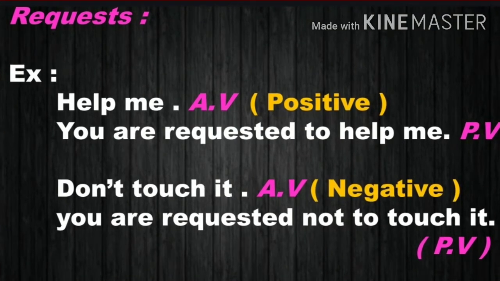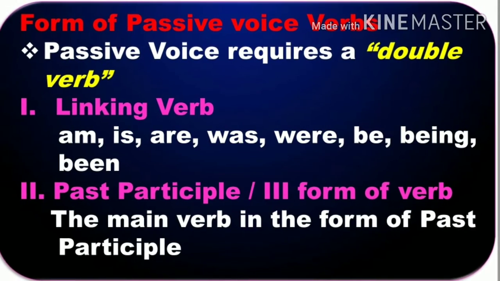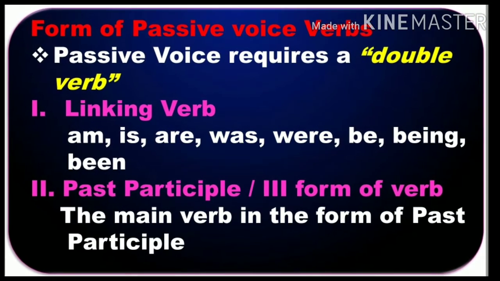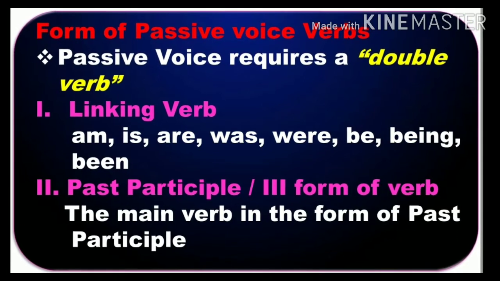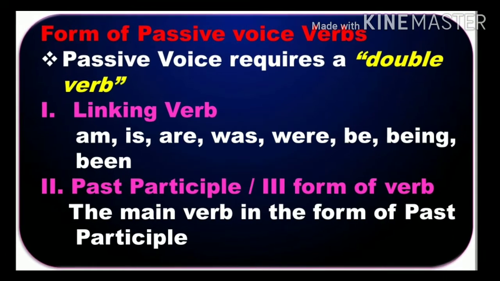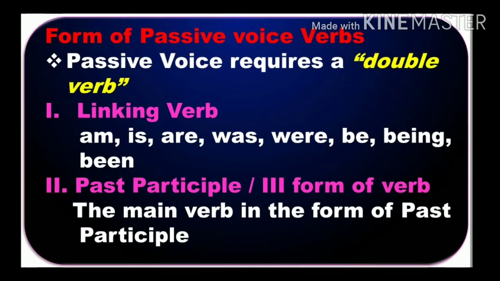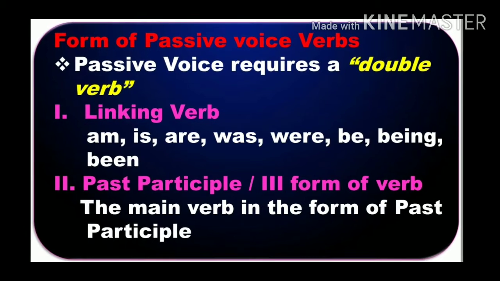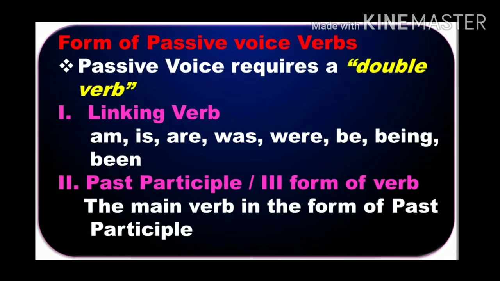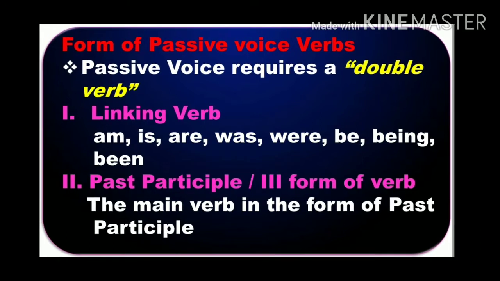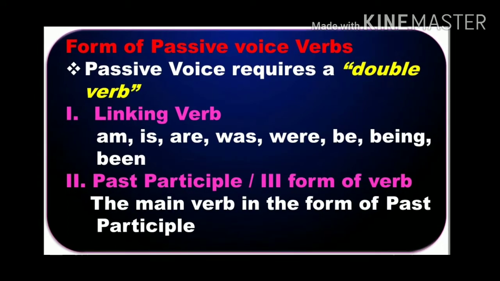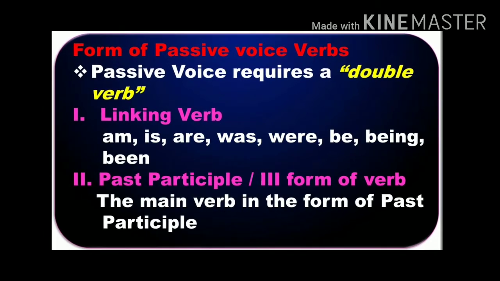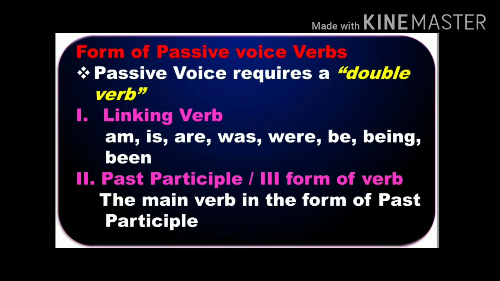Clear? Okay. Let's see the form of passive voice verbs. Please listen and watch very carefully because this is very important in the passive voice. Passive voice requires a double verb. The first one is the linking verb that you already know, called the auxiliary verb or be form of verb. The verbs are am, is, are, was, were, be, being, been.